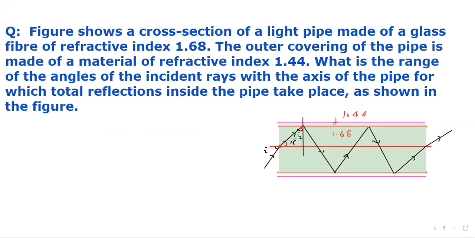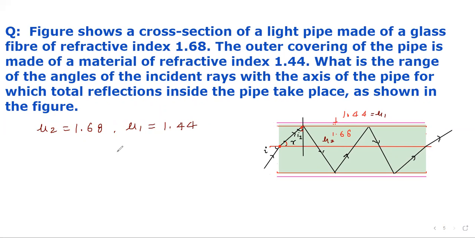So let's see how. We are given certain information that we can make use of. We are given mu2 is 1.68. Here we are taking this as mu2 inside, and this is mu1, and mu1 equals 1.44.